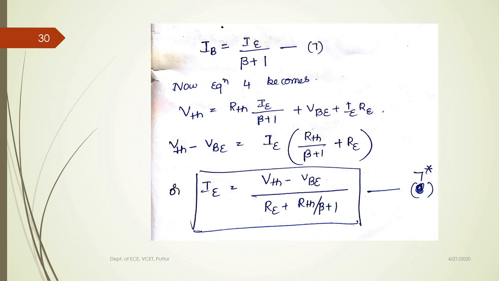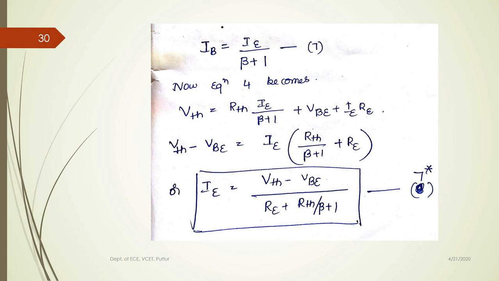IE will vary if there is a variation in the temperature and beta. So we need to make IE insensitive to temperature and beta. Means as the temperature increases, it should not affect your IE. If there is any large variation in beta, that should not affect your IE.